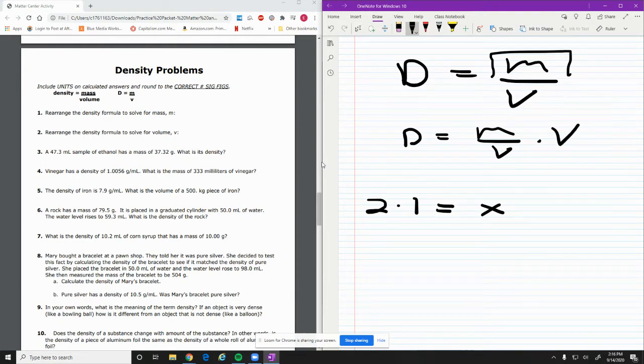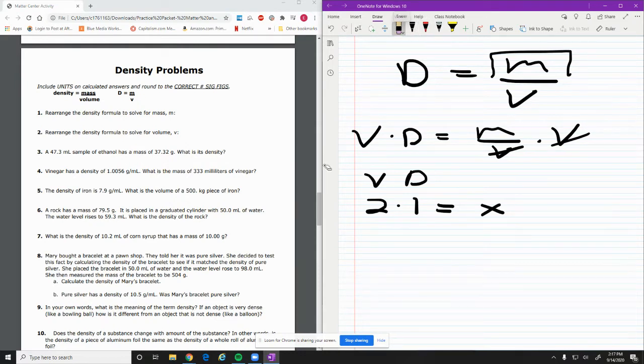So I'll just multiply volume on both sides. Whatever I do to this side, I do to this side. Now this cancels out, and I'm left with m equals density times volume, or x equals, in this case, density would be 1, volume is 2. Volume would be that 2. But it's the same exact thing. It's just algebra. Okay?